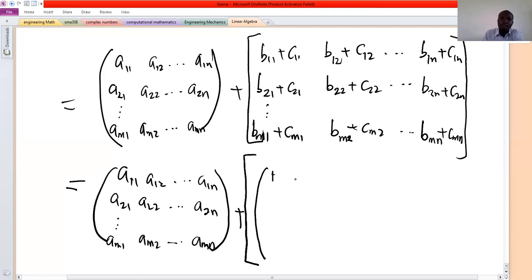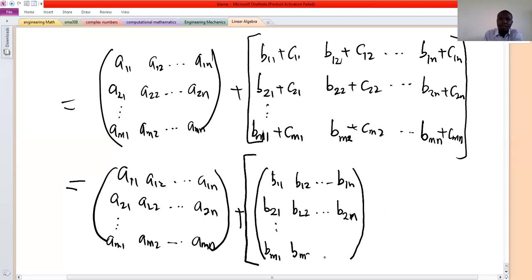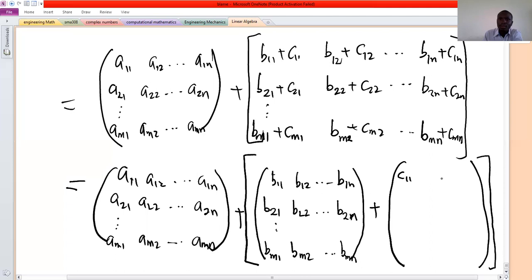So this will be B11, B12 up to B1n, B21, B22 up to B2n, and then BM1, BM2 up to BMN, plus C11, C12 up to C1n, C21, C22 up to C2n, all the way up to CM1, CM2 up to CMN.